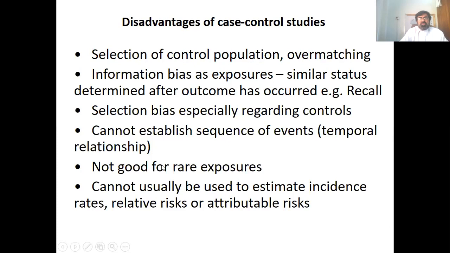So for rare exposure, the cohort study is a good one, and for rare outcome, the case control study is a good one. It cannot usually be used to estimate incidence, relative risk or attributable risk; only the odds ratio can be calculated.